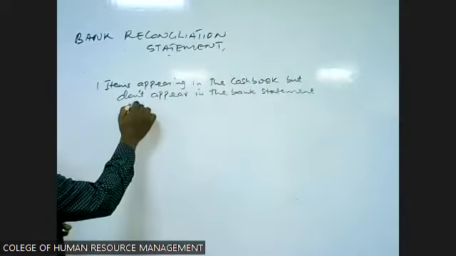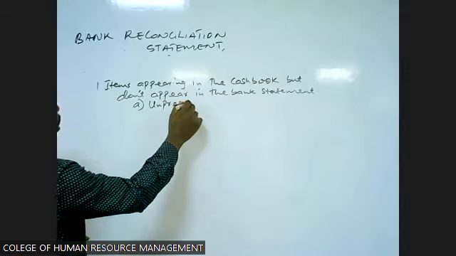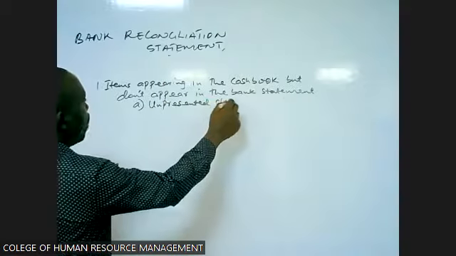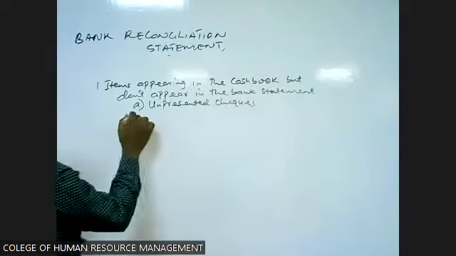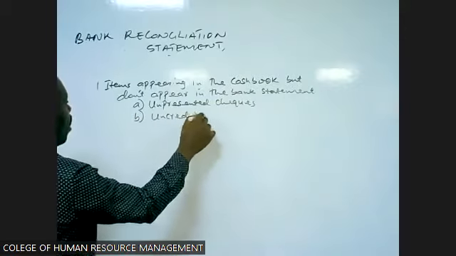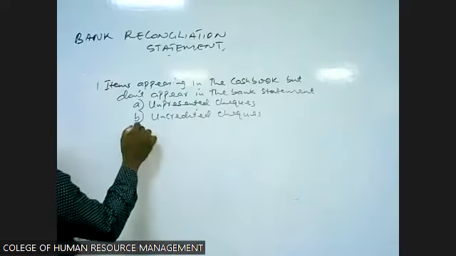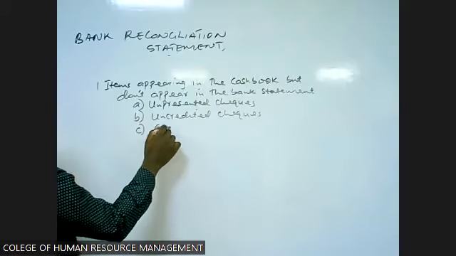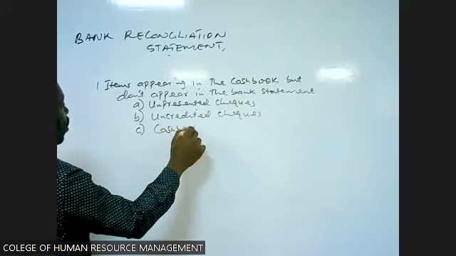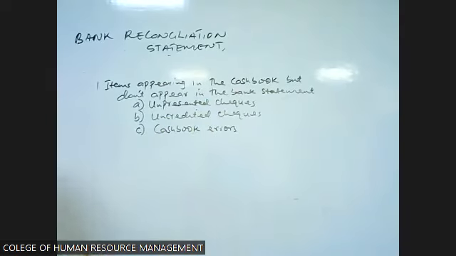A is what we call unpresented checks. B is what we call uncredited checks. C is what we call cash book errors.